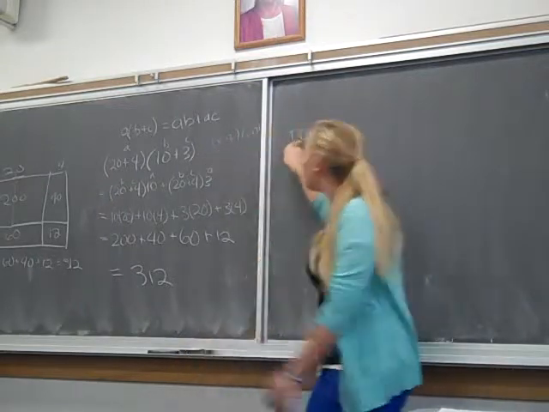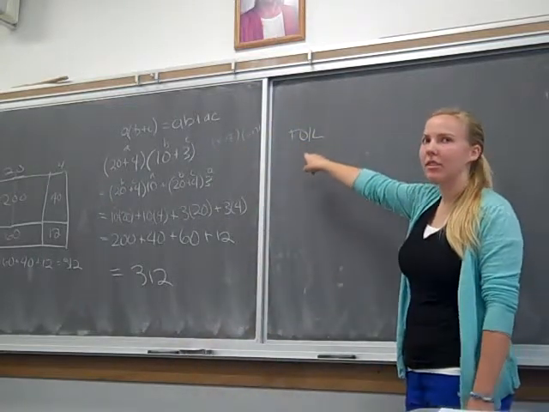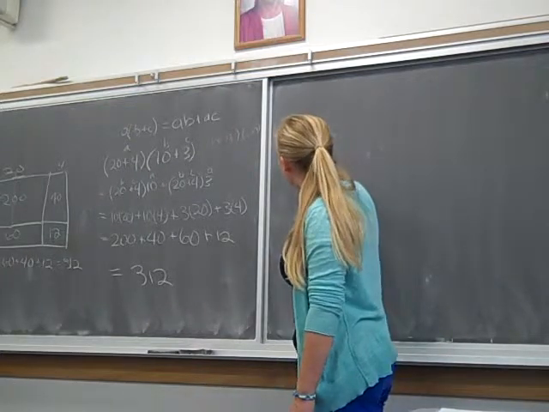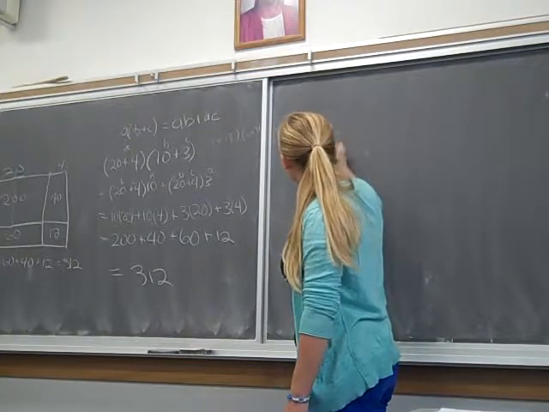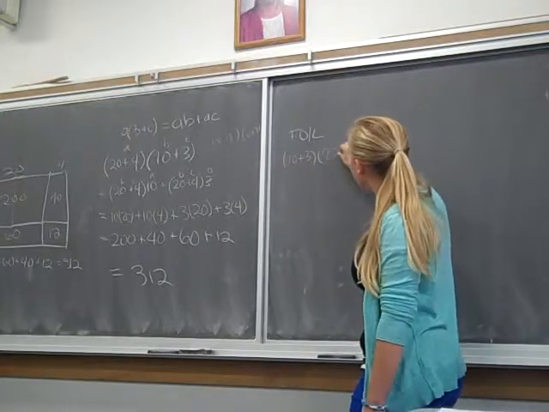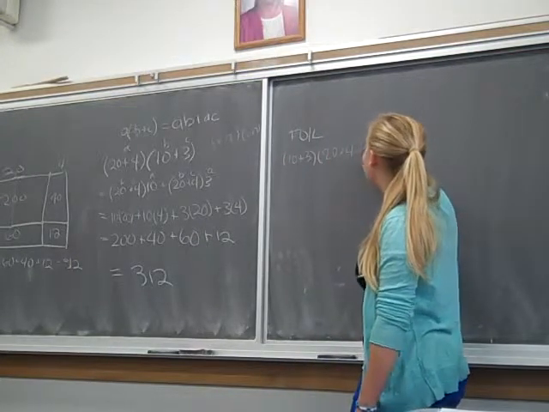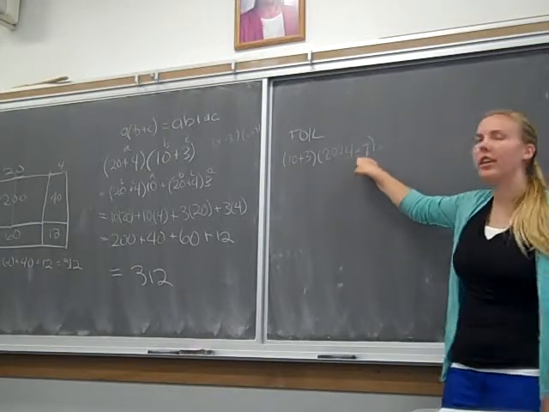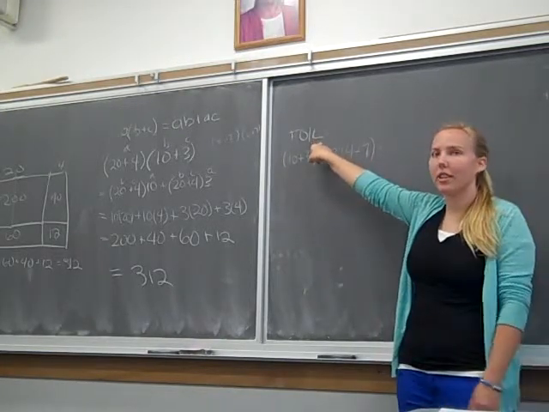So, can we use this in all cases? What if I had 10 plus 3 times 20 plus 4 plus 7? That's funny. Well, now I've got 3 terms over here, and this falls apart, right?